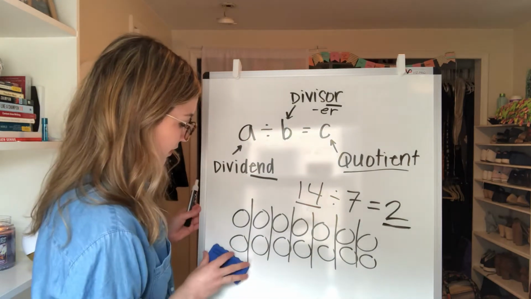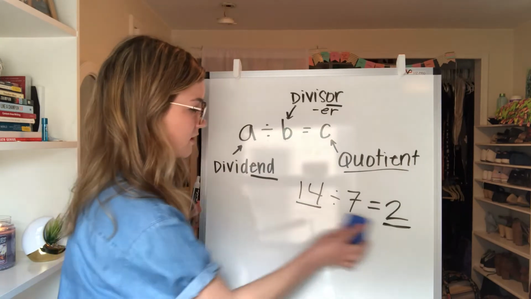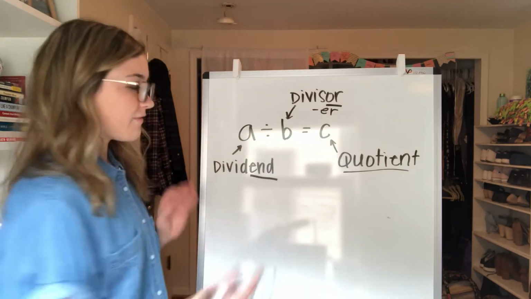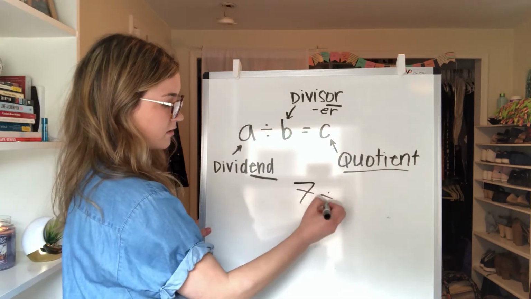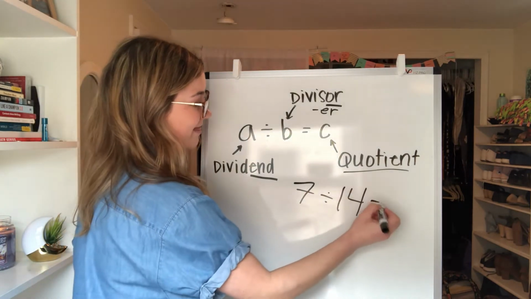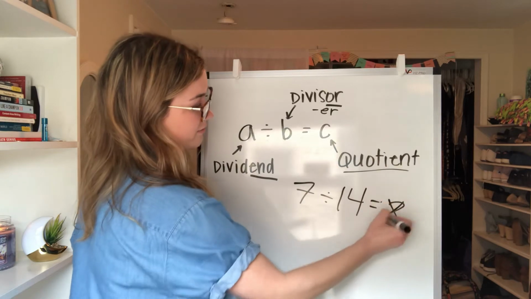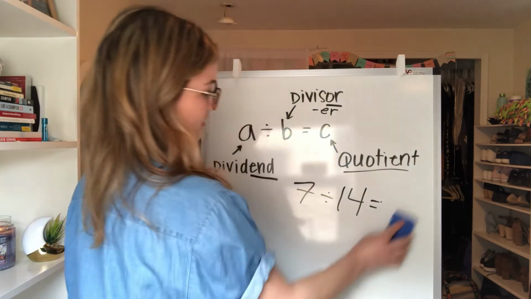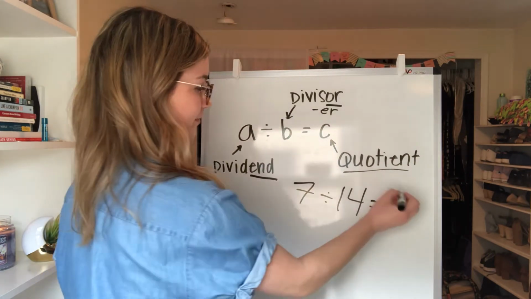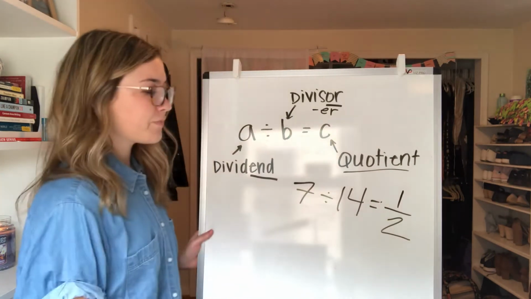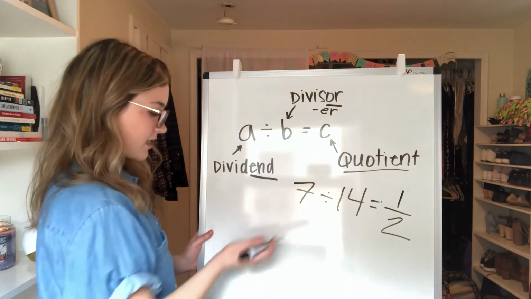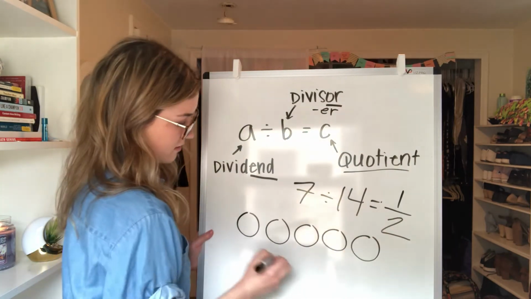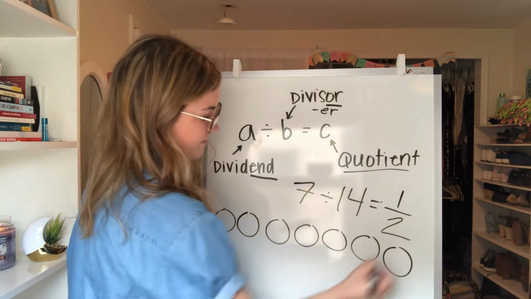So it's important that we don't write this backwards. If I told you 14 divided by 7, but you wrote 7 divided by 14, that does not equal 2. What it actually equals is 1/2. Because this is like saying my dividend was 7, that means I have 7 pieces, 1, 2, 3, 4, 5, 6, 7.